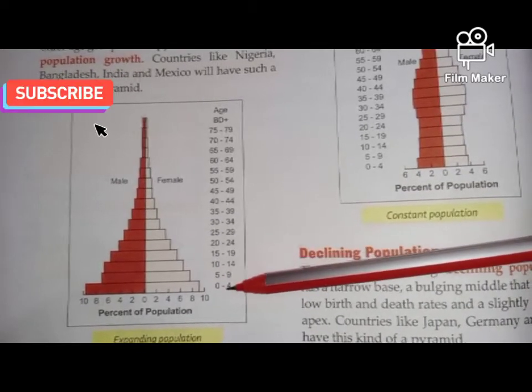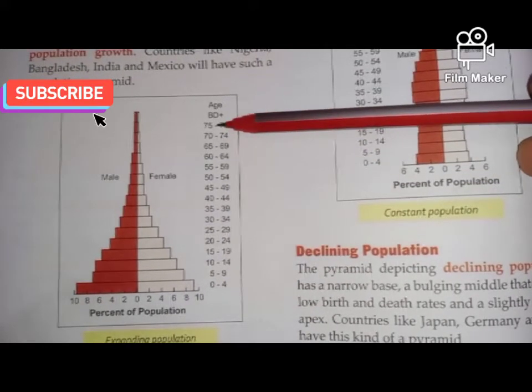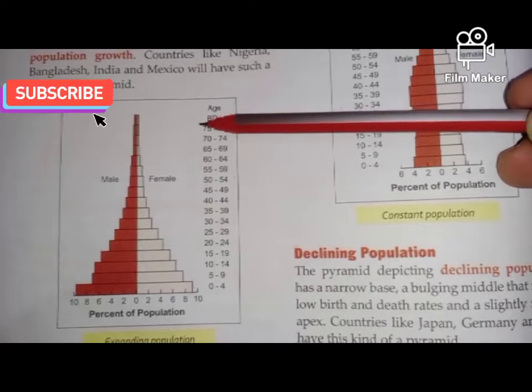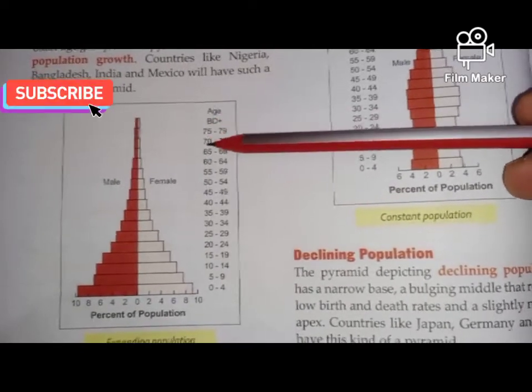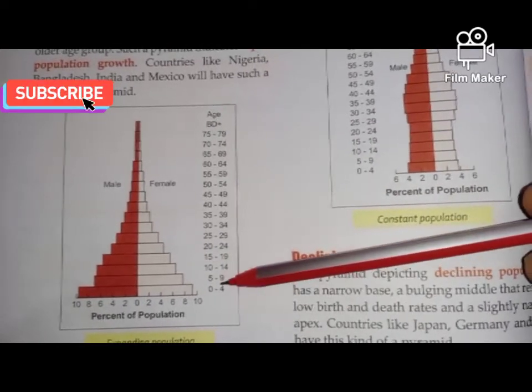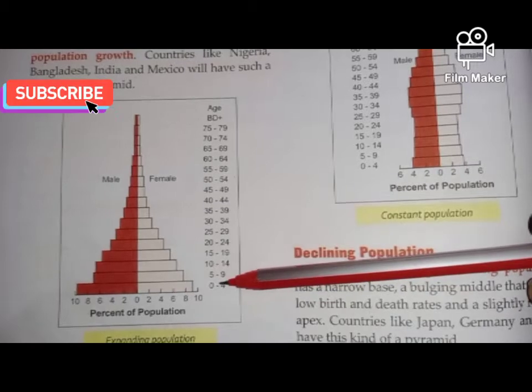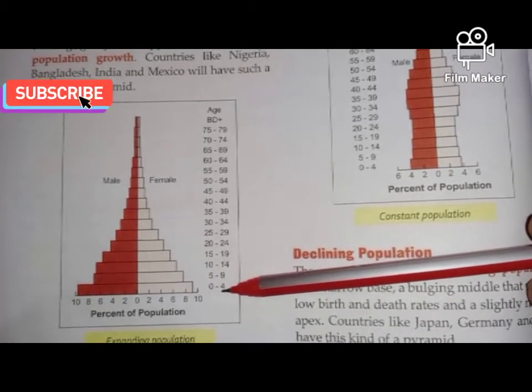and if we move vertically upward, you can find that it goes in ascending order, and the top has the oldest age group. So in this case, at the bottom we have 0 to 4 years of age.